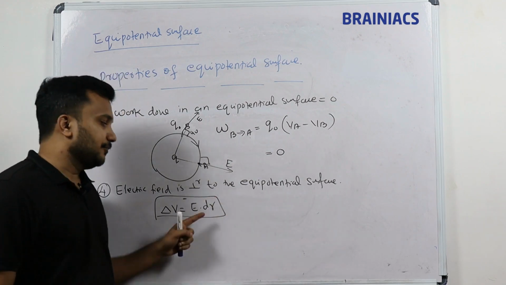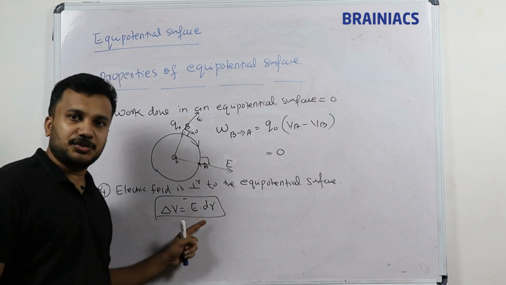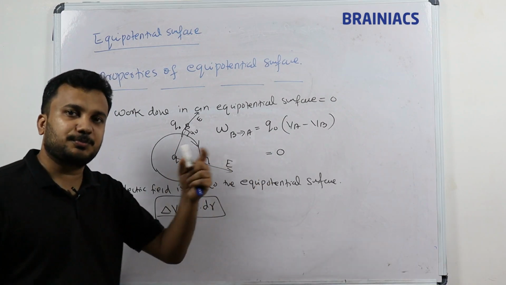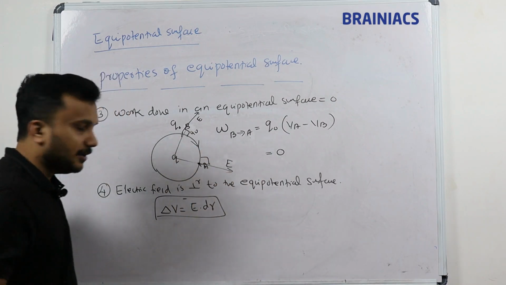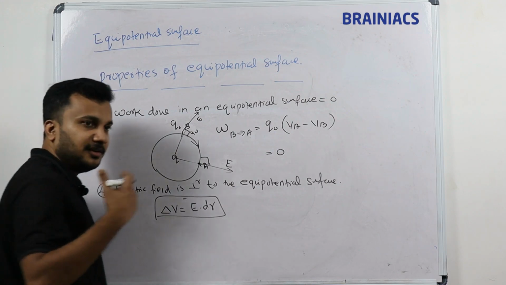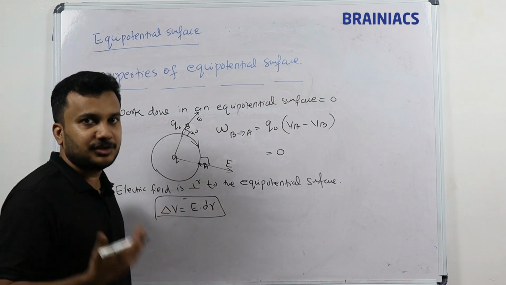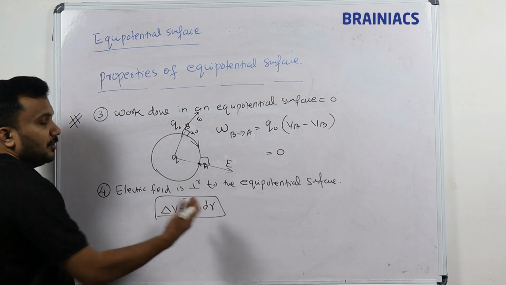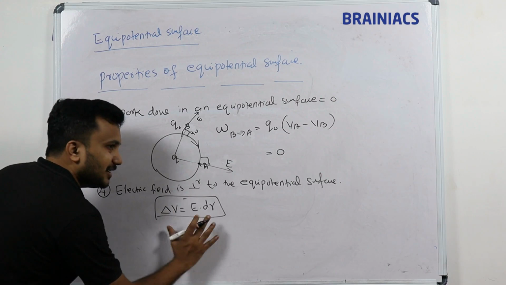For a discrete system, we will not use integration. For a continuous change with respect to distance or time, we will use integration. But both equations are the same. So this is a general formula.